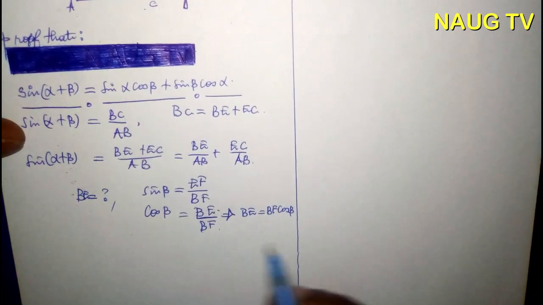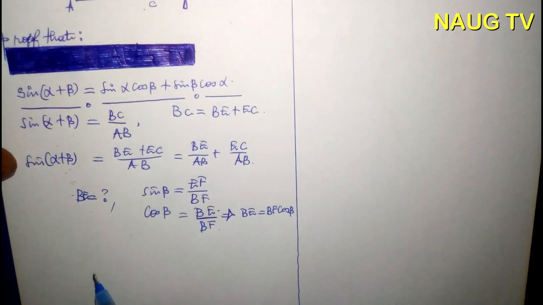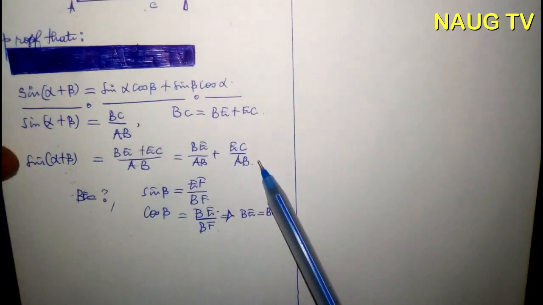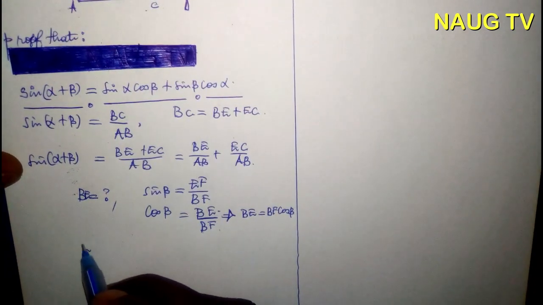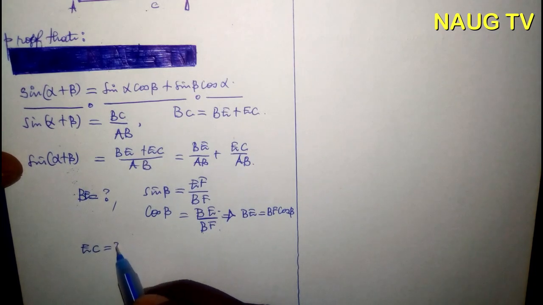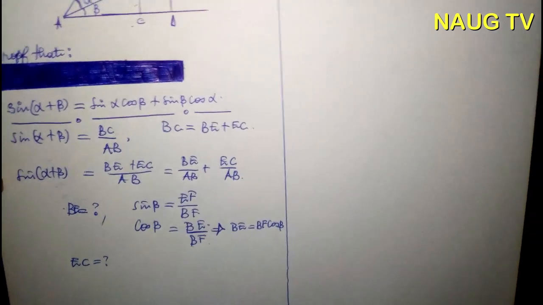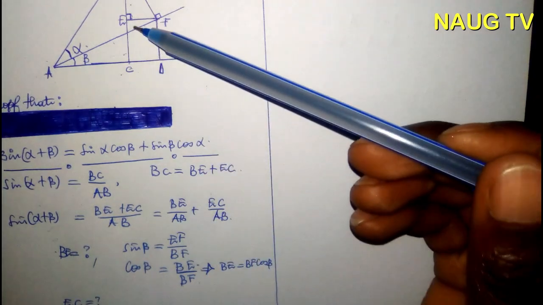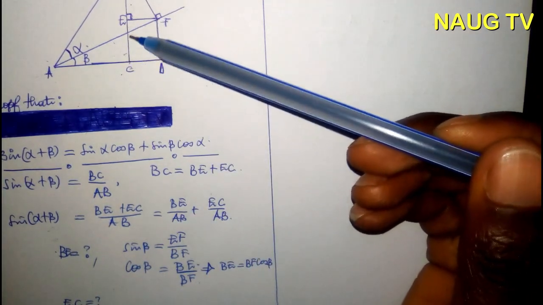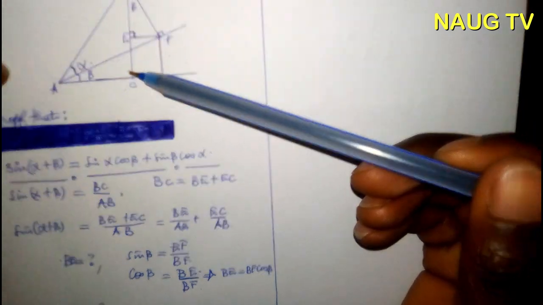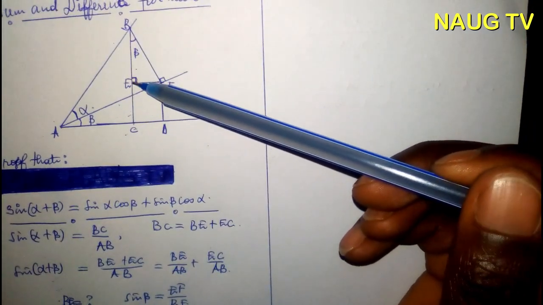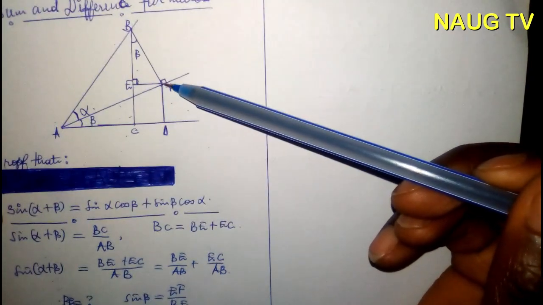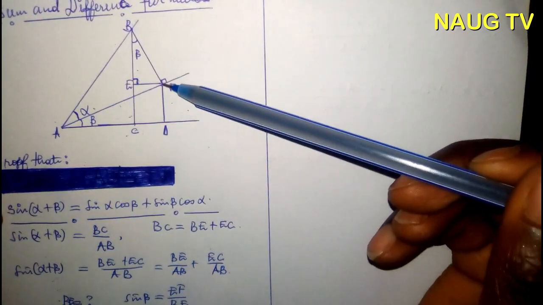So let's also calculate the value of EC. As you can see here, EC is this one, distance EC. It is from E to C here, and this can be equal to FD.